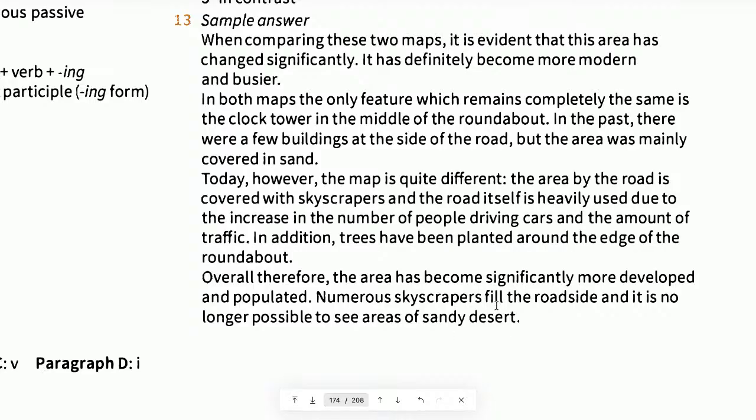Right? Which time is this? Simple present. What do you know? Is. Yeah, you can underline that, but that is for the second part already, after and, right? Fill, yes, underline that. Fill, that is the main verb of which subject? Skyscrapers.